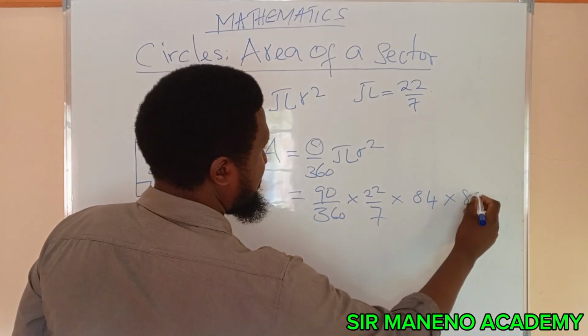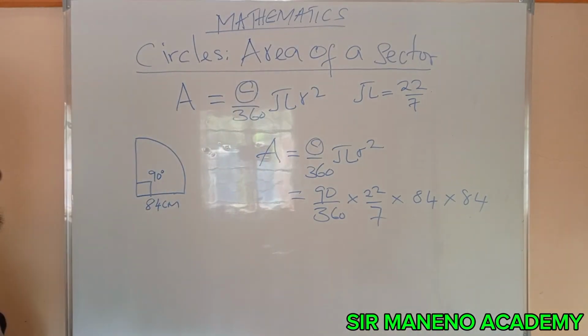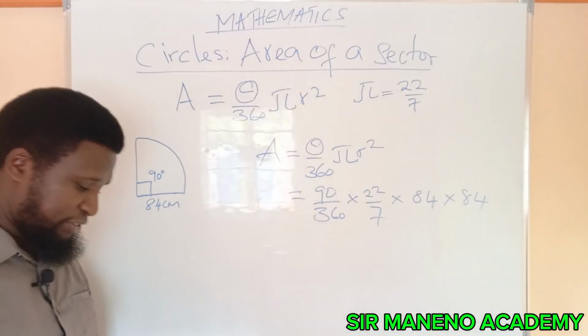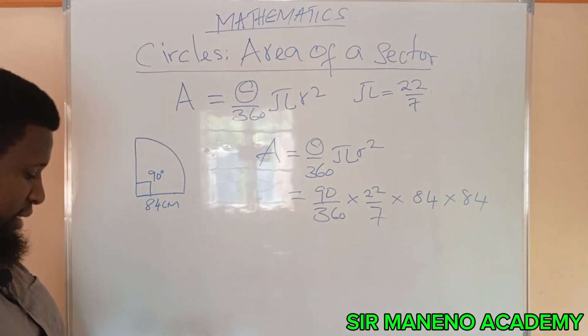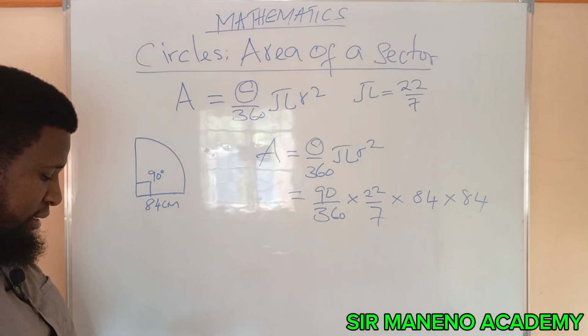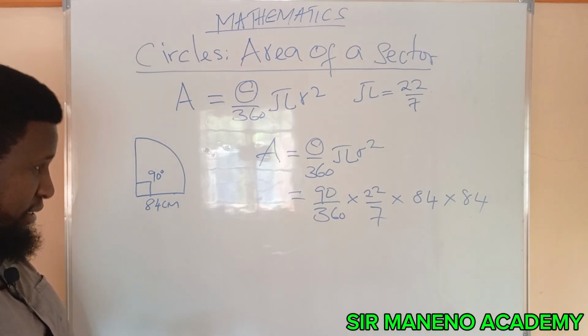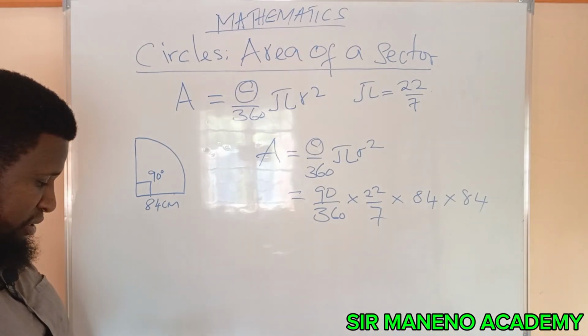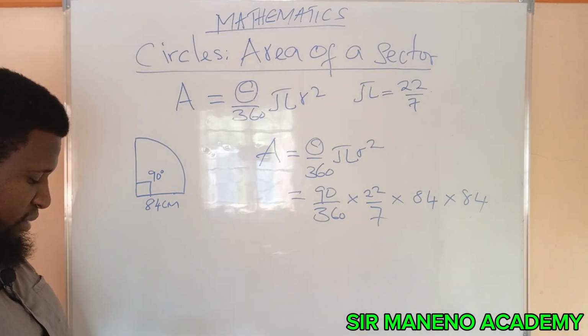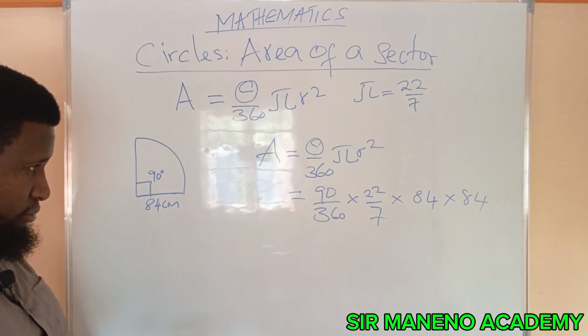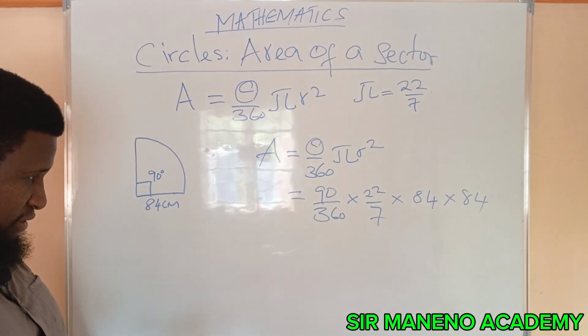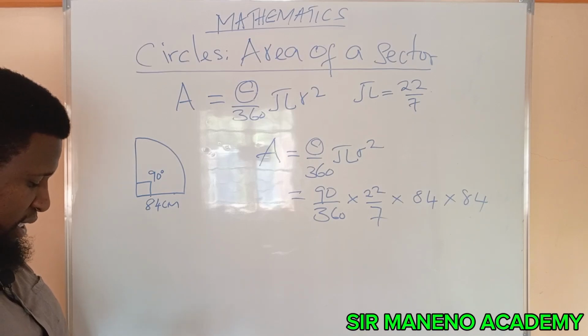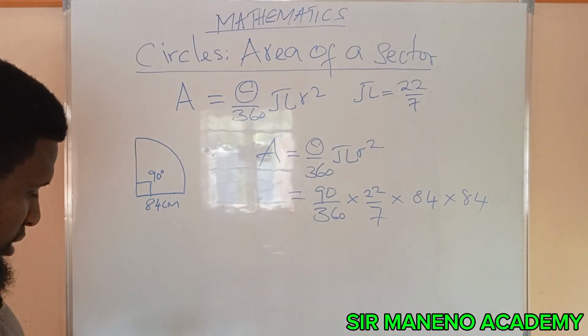So 84 times 84. So you feed those figures in your calculator like that: 90 divided by 360 times 22 over 7 times 84 times 84.